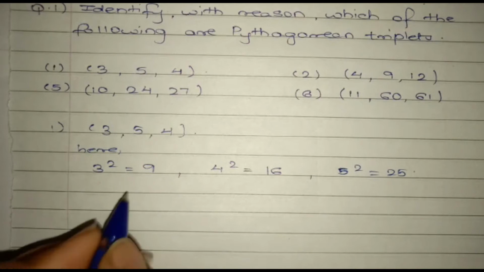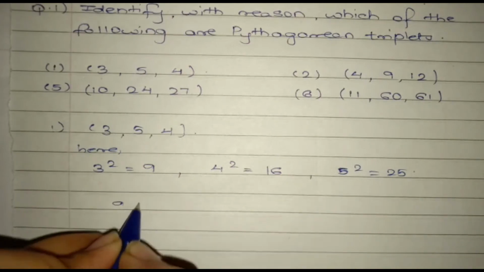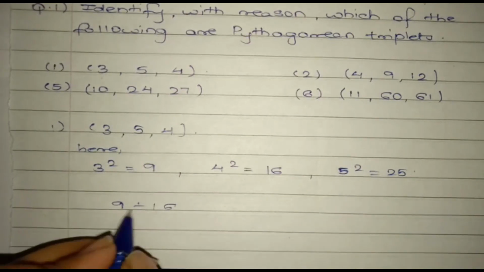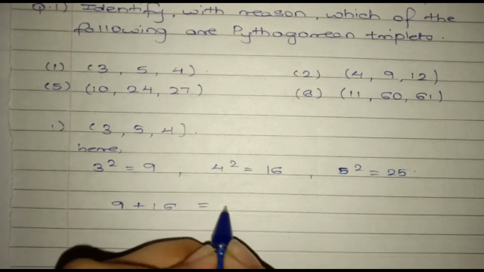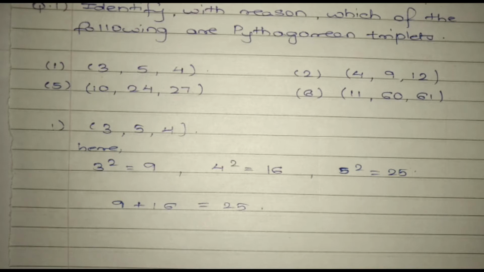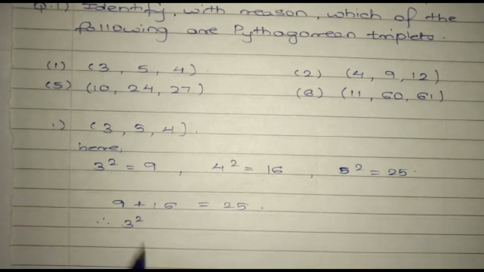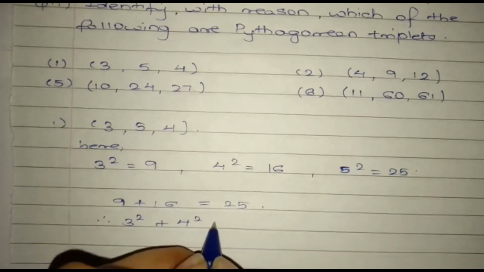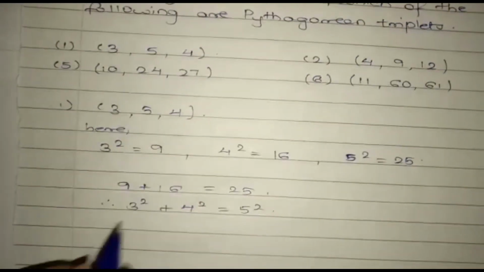So let us check. 9 plus 16 gives us 25, right? 9 plus 16 is 25. Therefore 3 square plus 4 square is equal to 5 square.